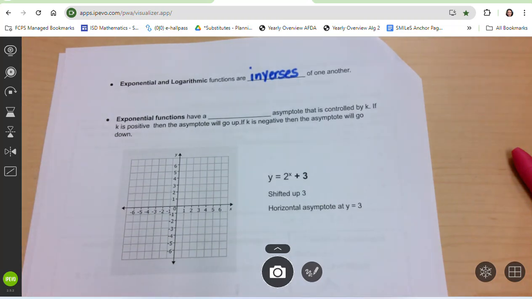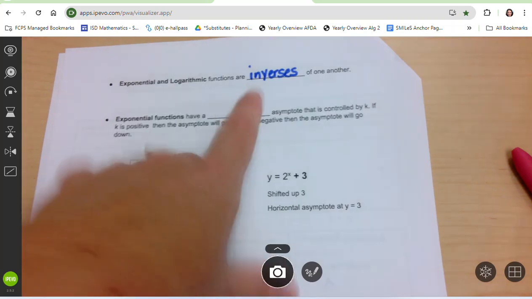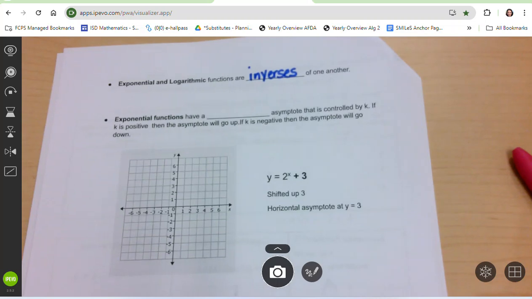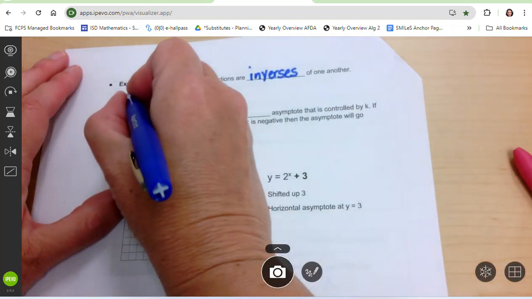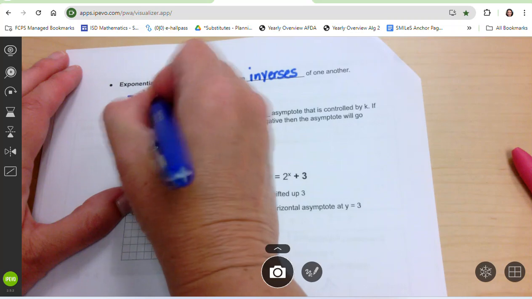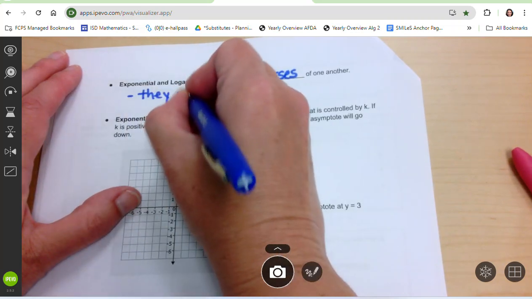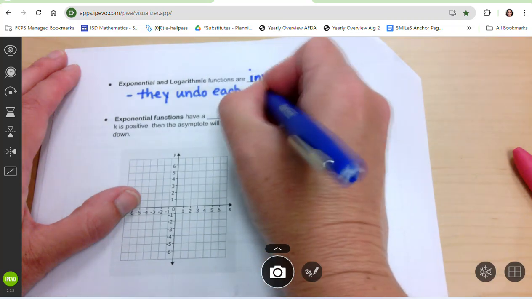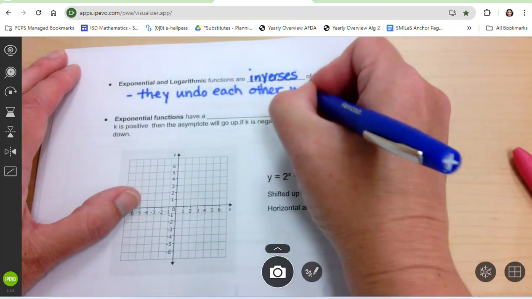Something important to know is that exponential and logarithmic functions are inverses of each other. Make sure you're on page 2 and you wrote that down. Inverse functions undo each other, like multiplication undoes division, and addition undoes subtraction. They undo each other when they have the same base.